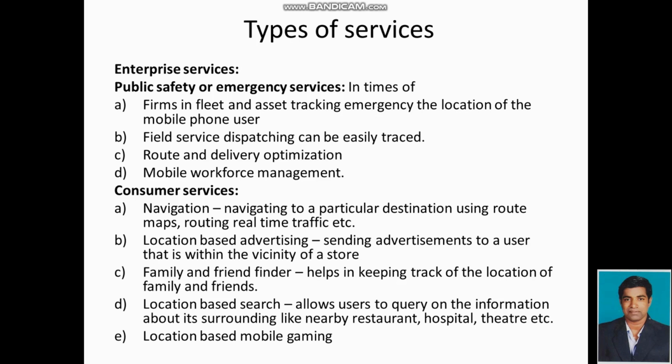It helps in keeping track of the location of the family and friends. And fourth one, location based search, allows the users to query on the information about its surrounding, like a nearby restaurant, hospital, theaters, etc. The fifth one, location based mobile gaming.